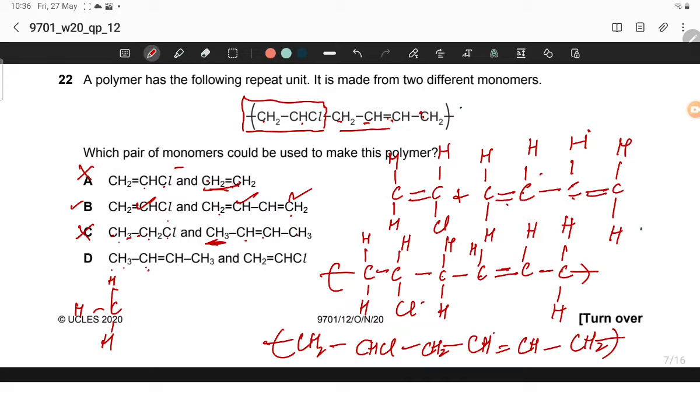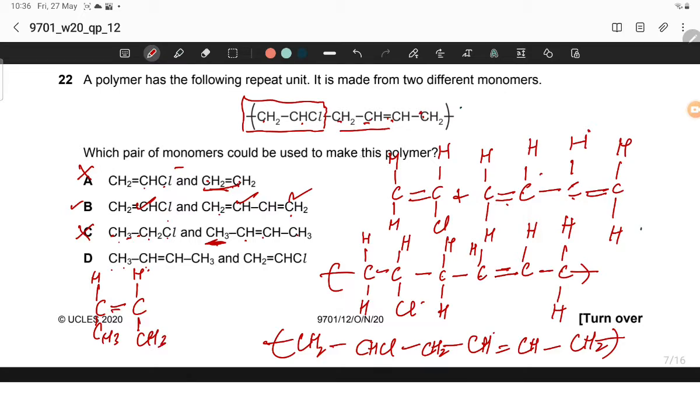CH, the monomer like this, CH3 and H, so H, CH3.